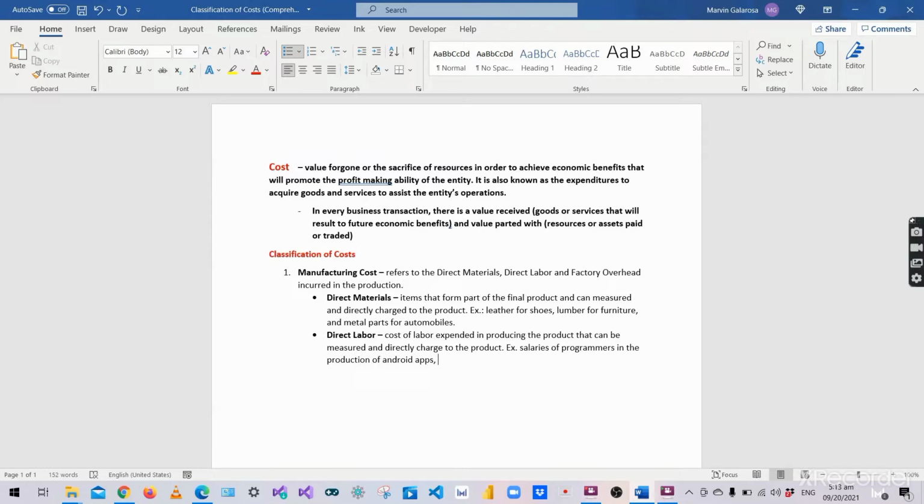Another example, salaries of construction workers in the building of houses.